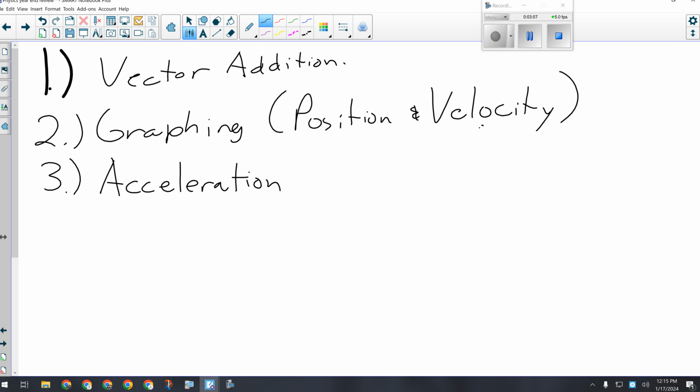We used a little bit of this and a little bit of this in this concept that we talked about near the end of that unit.